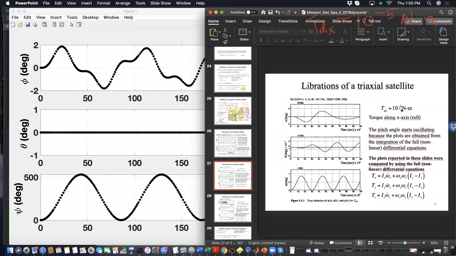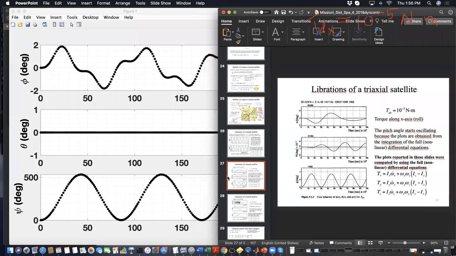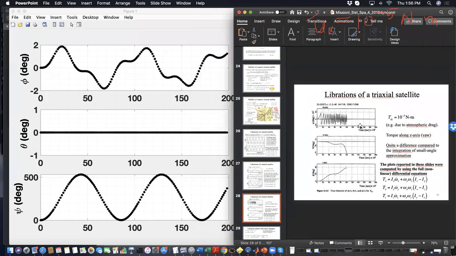If you have, for example, a constant perturbation along the z direction, what you can see here is that if you propagate the state by using the real angular equations, so Euler equations, you can indeed have this pattern. What I have here is completely different because the problem here is that the torque that is applied to the yaw axis is not balanced by the gravity gradient.